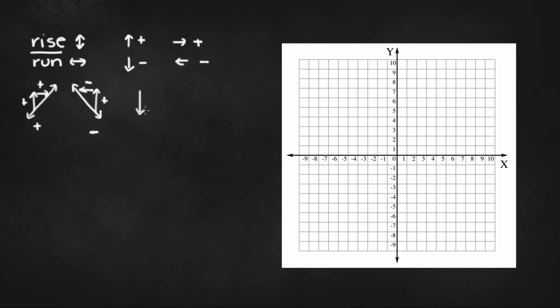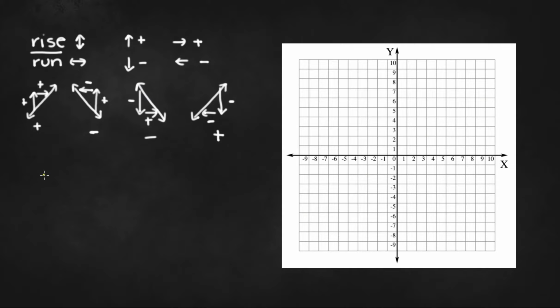Or we can go down and right to create a negative line. And last but not least, we could go down and left to create a positive line, like this. Since left and down are both negative motions, a negative and a negative create a positive line.